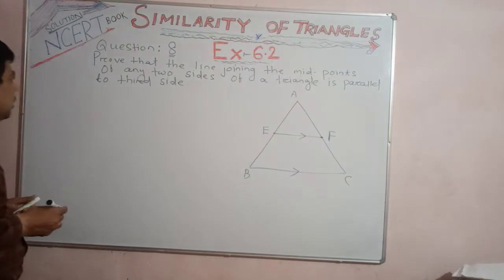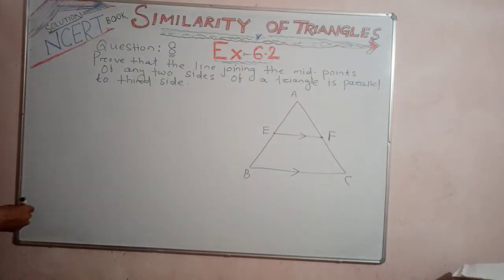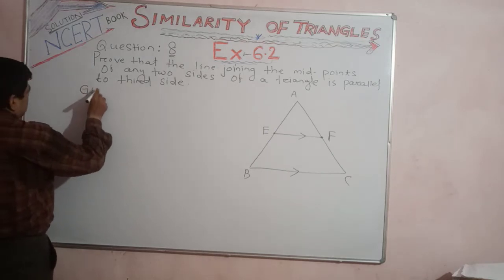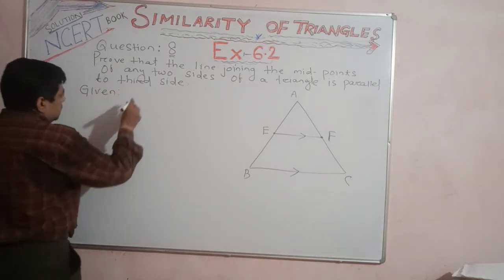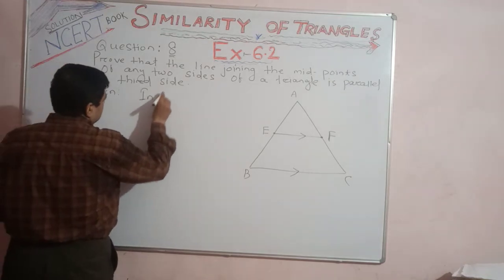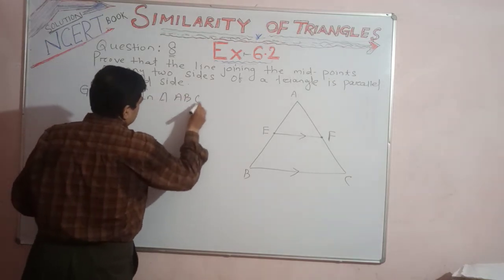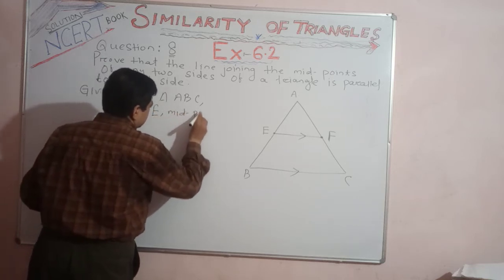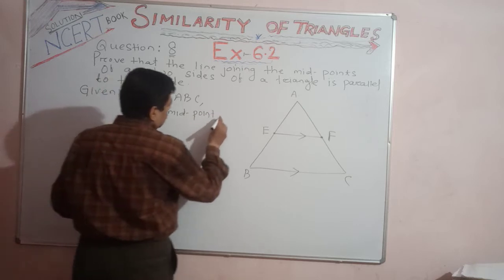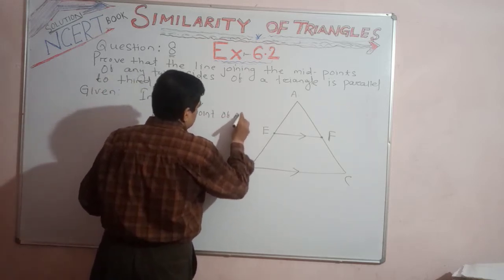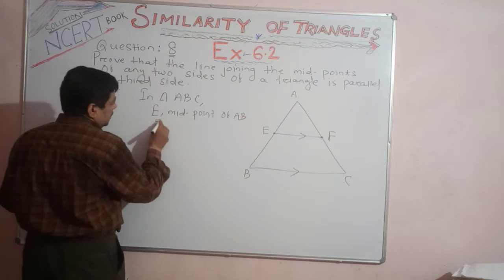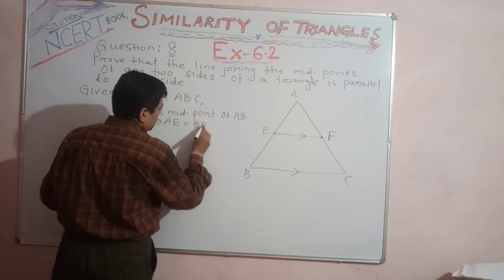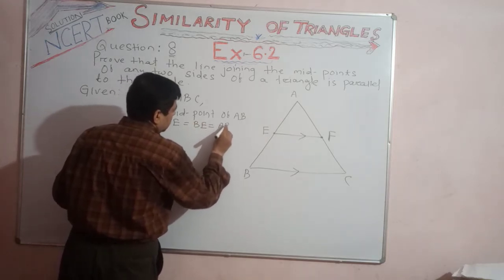This is the midpoint theorem, all of you know, right? Yes or no? Okay, so let's see. Given that in triangle ABC, E is the midpoint of the side AB. That implies AE is equal to EB is equal to half of AB.